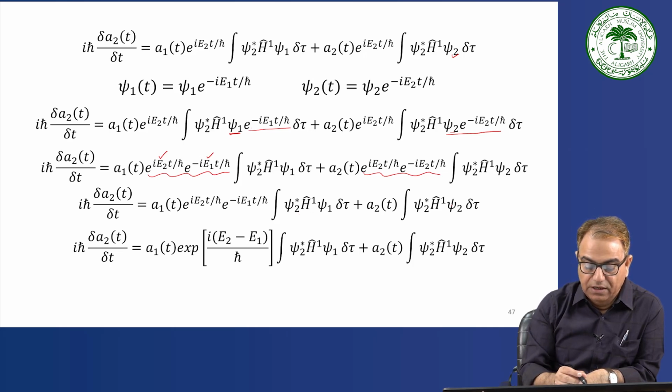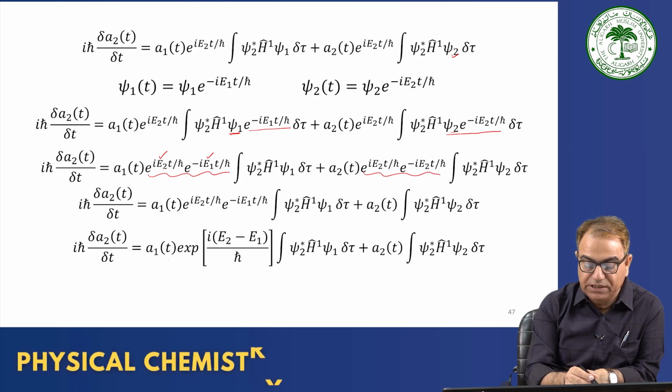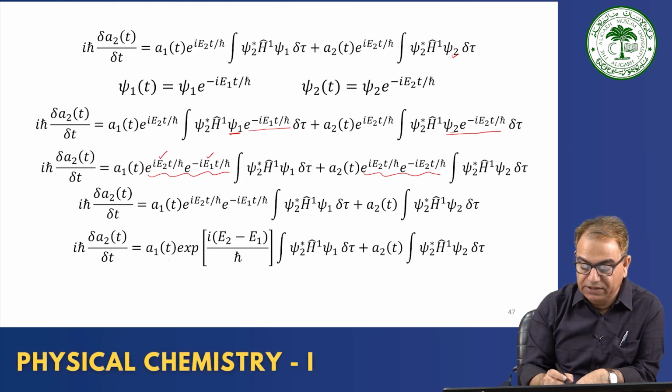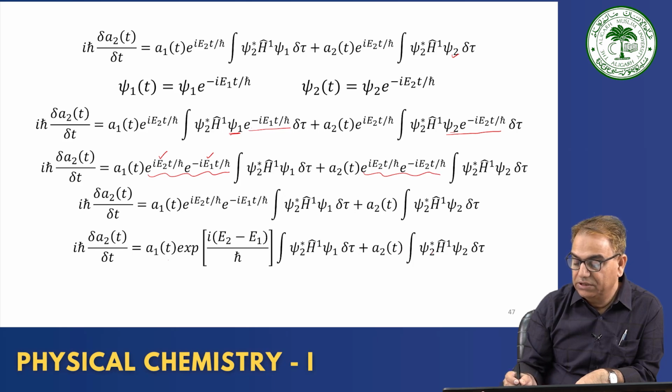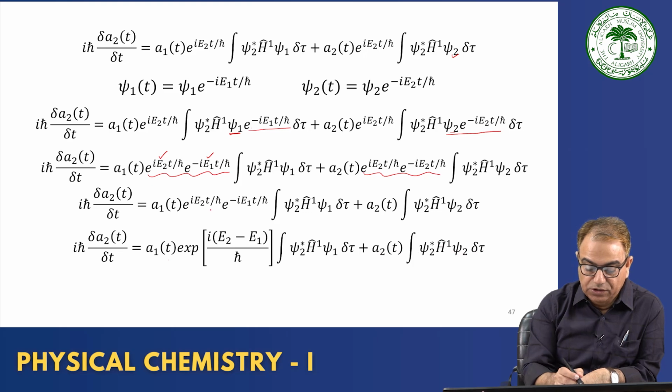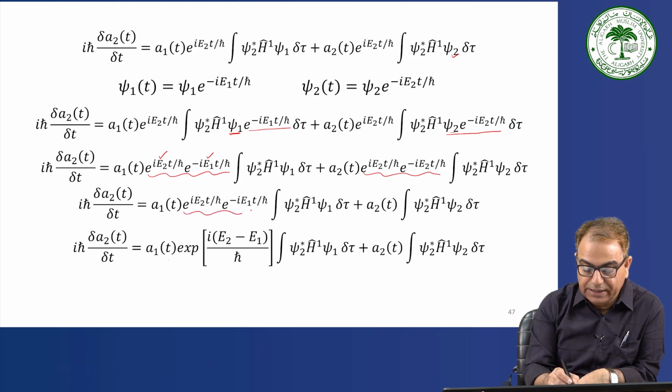So this is it. If you put these values, A1t exponential is this term, so exponential minus i (E2 minus E1) divided by ħ, and then you have this integral psi 2 H prime psi 1 d tau, A2t psi 2 star H prime H1 psi 2 d tau. So this integral will remain intact because of E2 and E1.